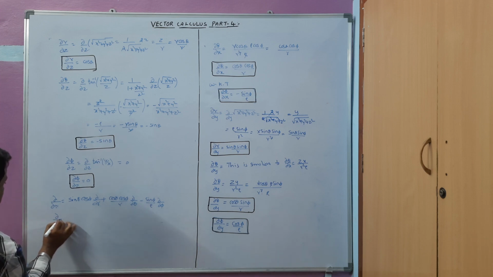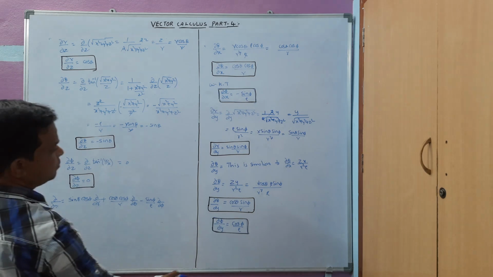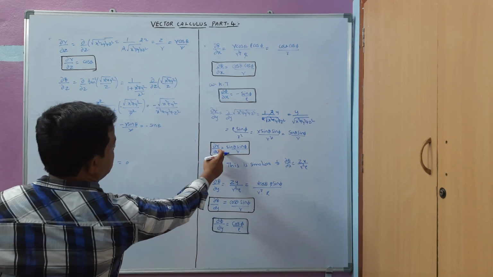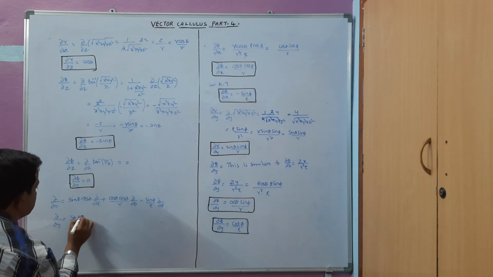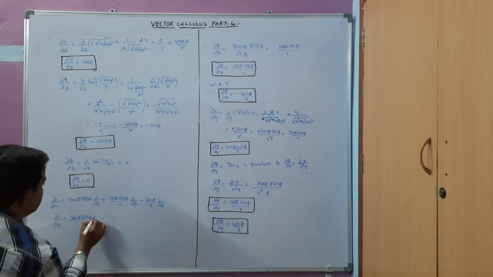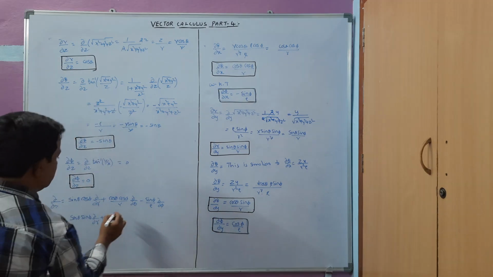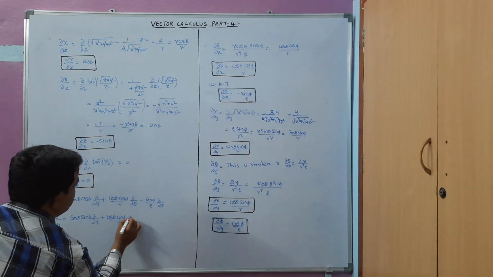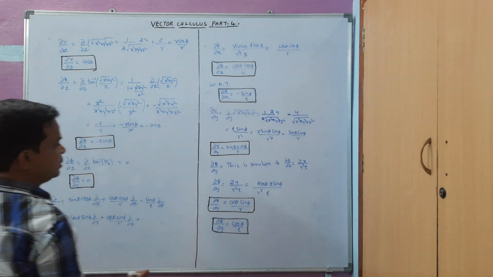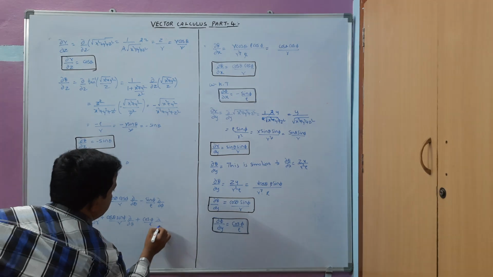So we have got the first term, that is dou by dou x. Next we have to get dou by dou y. Dou by dou y is dou r by dou y, which is sin theta sin phi, into dou by dou r, plus dou theta by dou y, which is cos theta sin phi by r, into dou by dou theta, plus dou phi by dou y, which is cos phi by rho, into dou by dou phi.